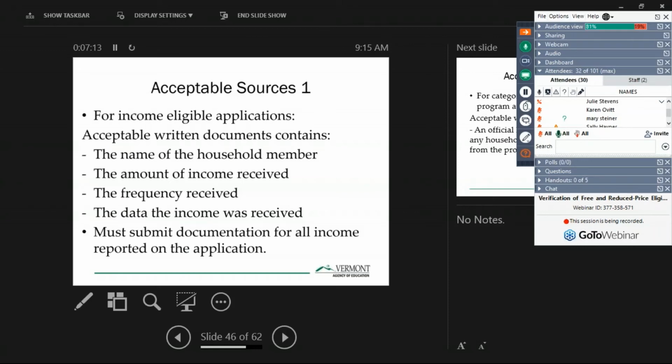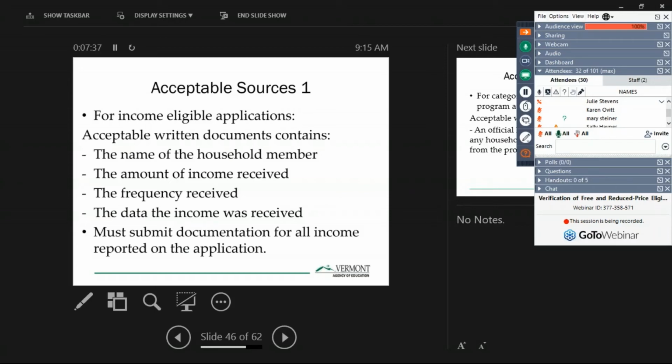You need to get written documentation which contains the name of the household member, the amount of income received, the frequency that income is received, whether it's monthly or annual or biweekly, the date the income was received, and they must submit documentation for all income reported on the application.